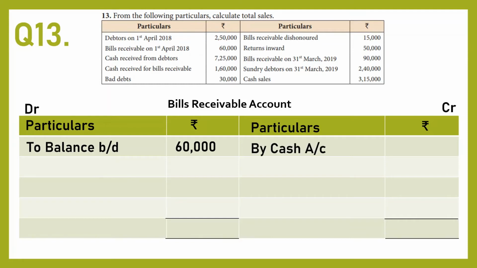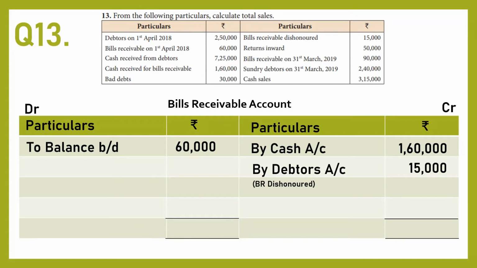And then we have cash received for the bills receivable, which is 1.6 lakhs. And then we have bills receivable dishonored, which is going into a debtors account. This is 15,000. And then we have a closing balance, which is nothing but 90,000. So all these details have been already given in the problem. So the total is 2.65 lakhs.